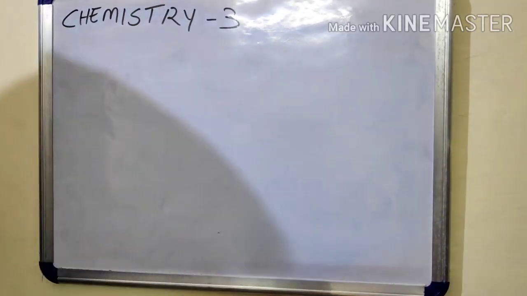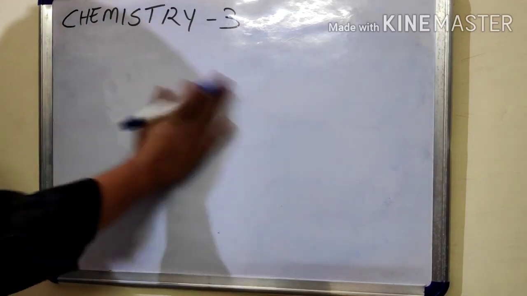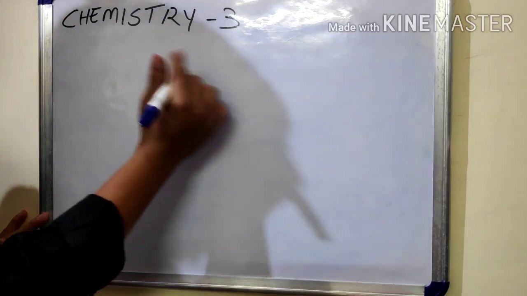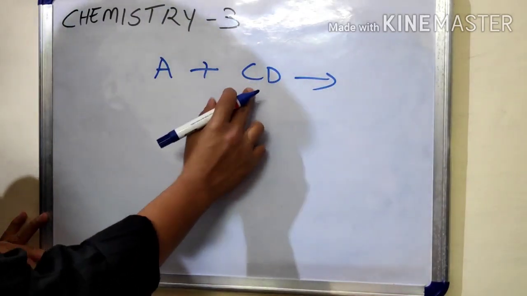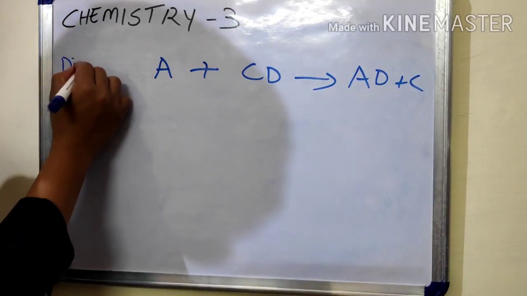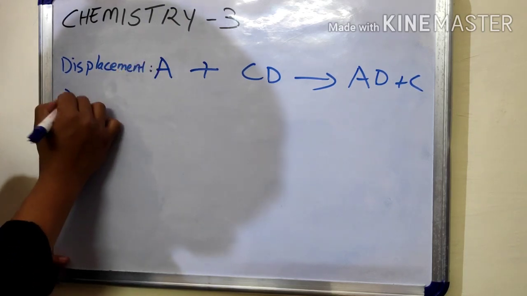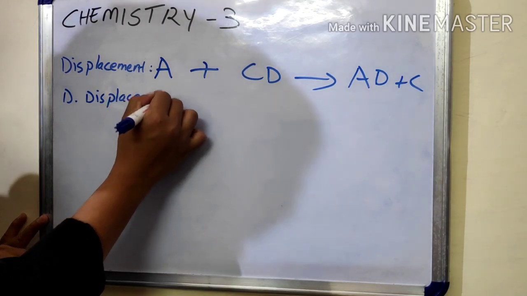So I hope you've understood the difference between displacement and double displacement. One more time we can go through. Okay. And that is, difference is, in displacement one element was replacing the other. That's it. That was displacement. Okay. But in double displacement, 2 displacements were happening.